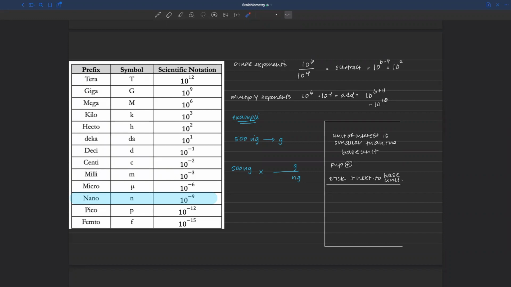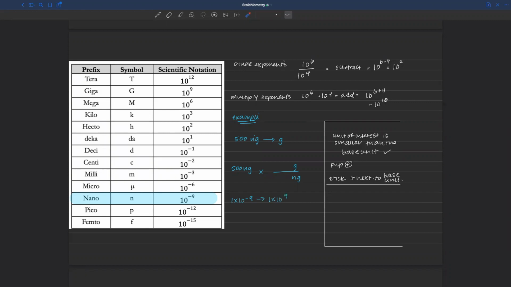So the first step here is your unit of interest smaller than the base unit? Is nanograms smaller than a gram? And it is. You can see that it's 1 times 10 to the minus 9. So we're satisfying this first rule. What you then do is take that 1 times 10 to the minus 9 and you flip it to the positive number, 1 times 10 to the 9th.